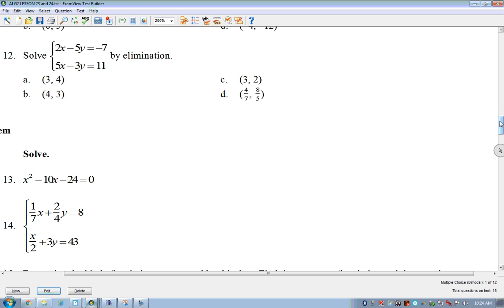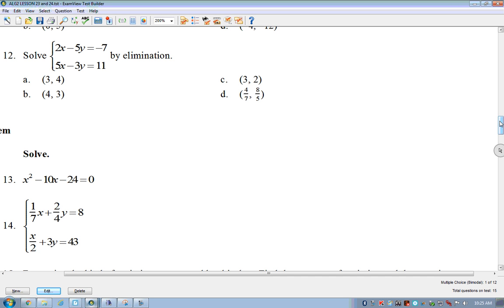Okay, so this is nice. It sets it up. We've got our x's and y's on one side. We've got our solutions on the other. We just need to eliminate a variable. Okay? But we don't have anything where it looks like I can just multiply one equation, right? I'm going to have to multiply both equations, and I need opposite values for those x's and y's. So do we want to eliminate x or do we want to eliminate y?